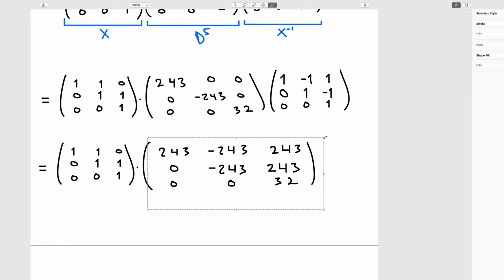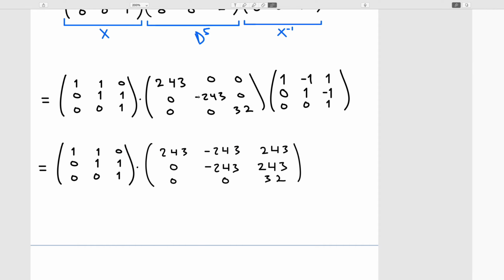So if we do matrix multiplication now, I would multiply this by this. So that just gives 243. You can multiply the first row by this, so by the negative 243, negative 243. So that would give us negative 486. 110 times this will give us positive 486.